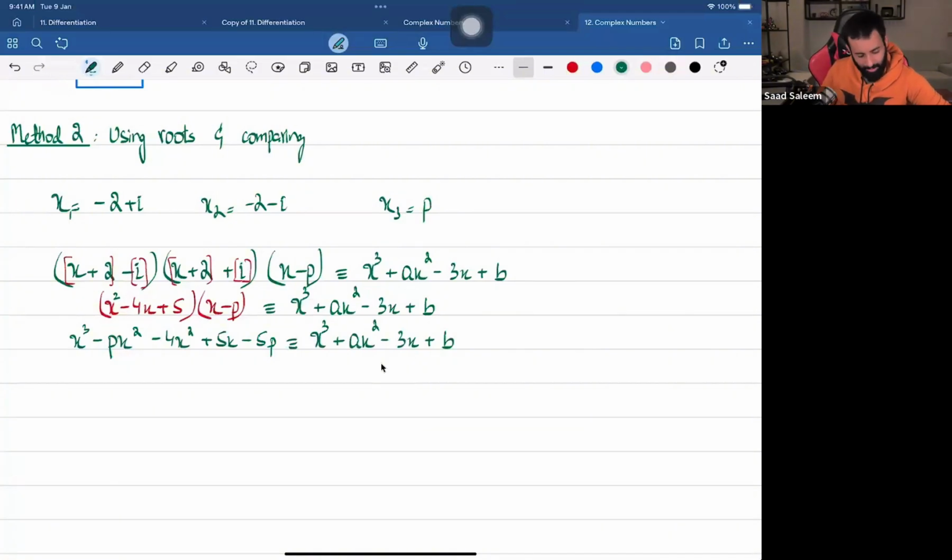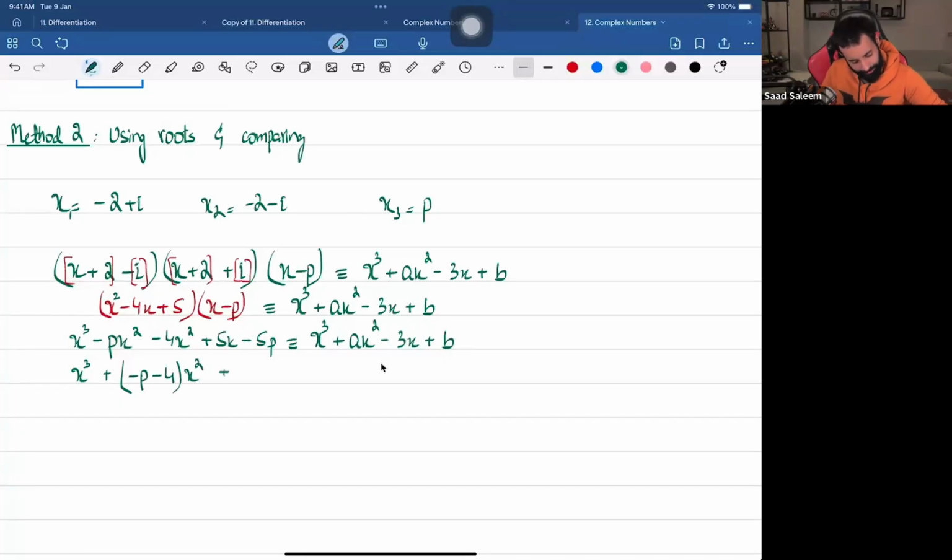Now what do we do? We compare. But before we compare, we write it nicely. We have x cubed. Let's take x squared common, since we have two terms with x squared in them. So if I take x squared common, we have minus p minus 4 inside the bracket. Then we have the term minus 4px, so minus 4x squared, plus 4px in between.